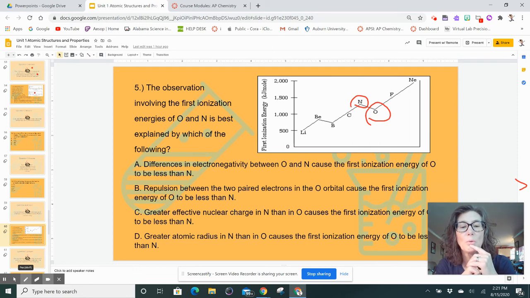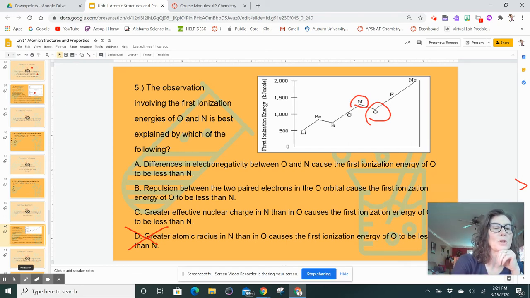Okay, well, we know that D is incorrect because nitrogen does not have a greater atomic radius. So we can take out D. Differences in electronegativity. So it's going to be between A, B, and C.